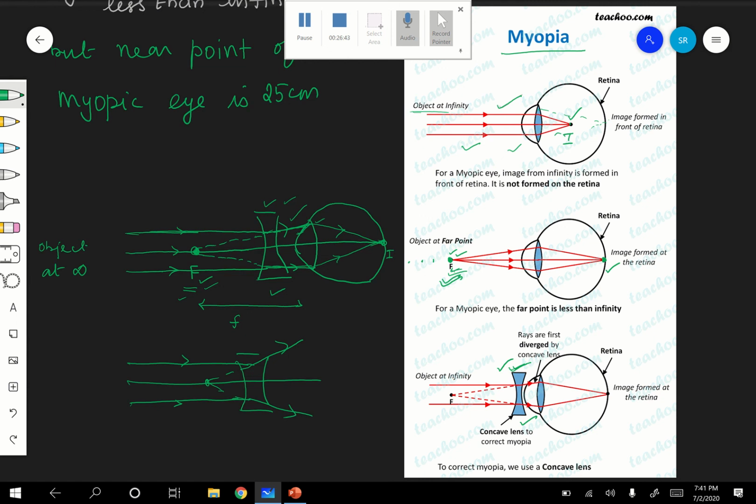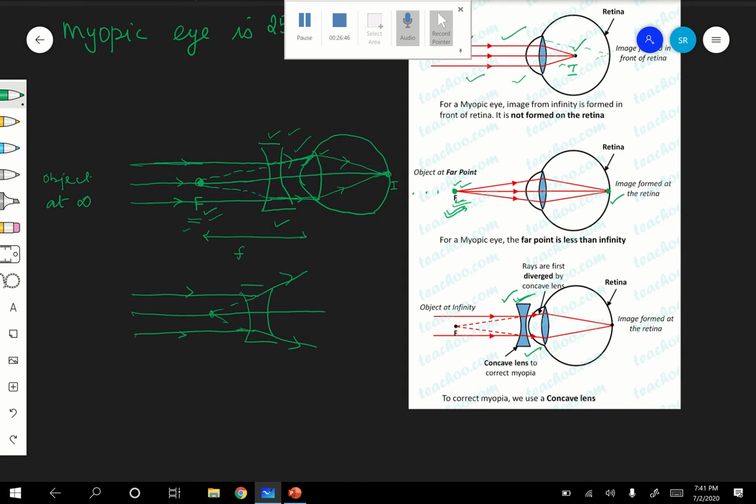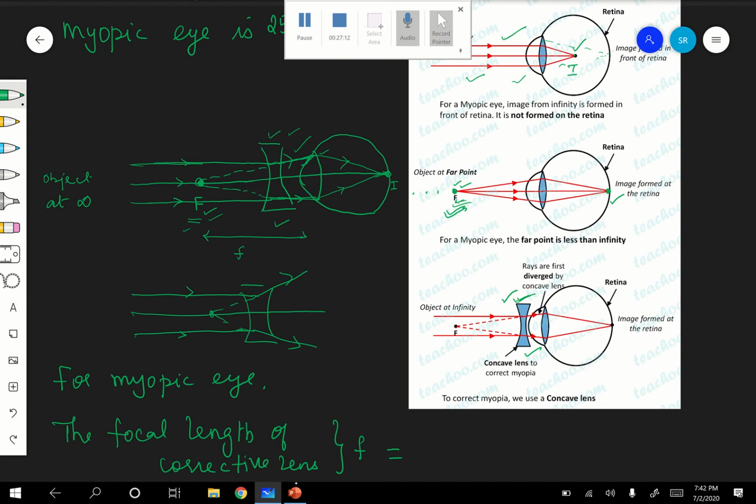Therefore, for myopic eye, the focal length of the corrective lens, which lens? Concave lens, the focal length F of the corrective lens should be equal to the far point of the myopic eye.